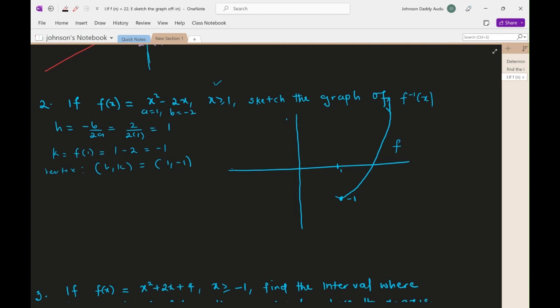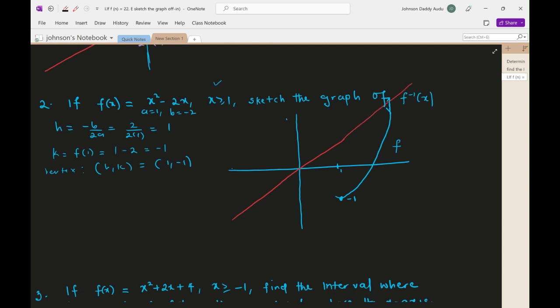Now we need the graph of f inverse. But before that, we need to draw our line, the line y equals x, which passes through the origin.